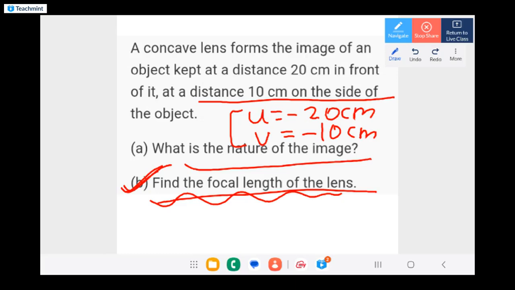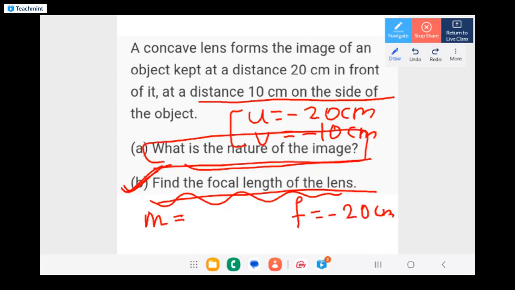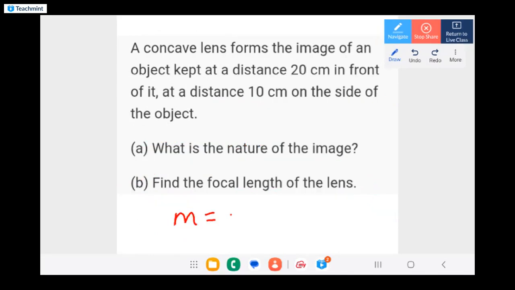There are two ways you can try that. First is use the formula m equals v upon u, where v value is minus 10, u value is minus 20, minus minus gets cancelled. So it's 1 by 2, which is 0.5. So m value has come out as positive 0.5.